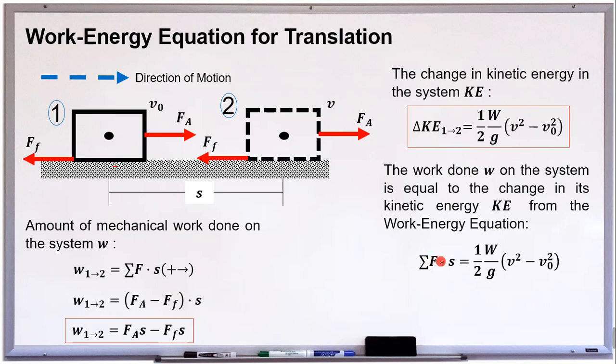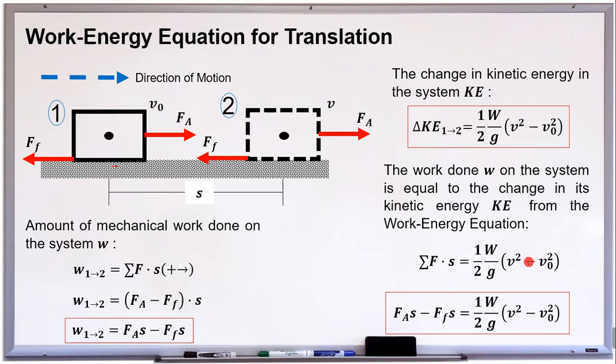We have the summation of forces times the displacement for the work, and on the right side, 1/2 m v final squared minus v initial squared. So the final expression for this system is Fa times S minus Ff times S is equal to 1/2 W over G times the difference of the square of the final velocity and the initial velocity.